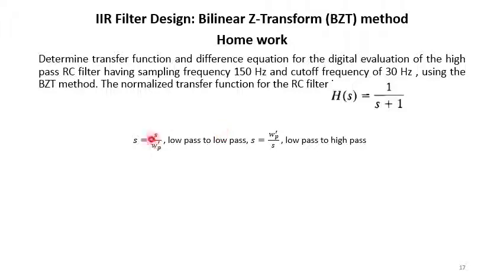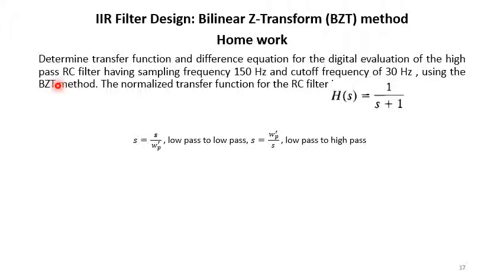You just have to determine W prime of P, and once you determine it, you understand that for the case of high pass, we replace S by omega prime P over S. In this way you will denormalize the analog prototype. Once you complete this, then simply you apply BZT, and what is BZT?